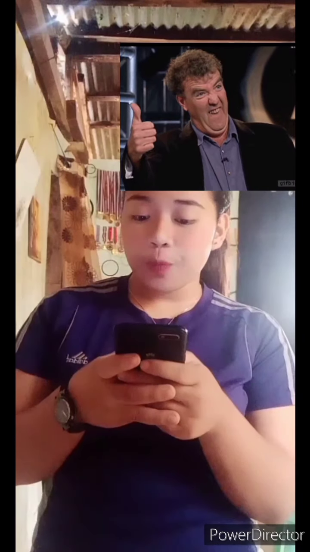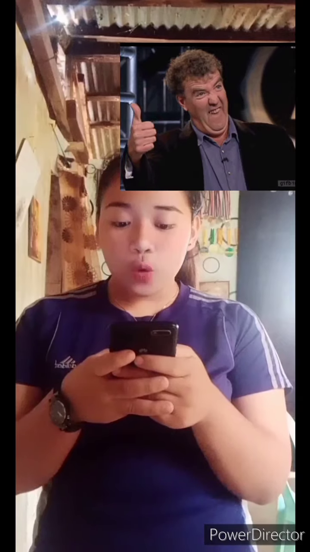Next is the gesture. Gesture refers to a feeling or mood expression using movement, as well as a movement made when attempting to maintain balance. An example of gesture is like this, thumbs up.